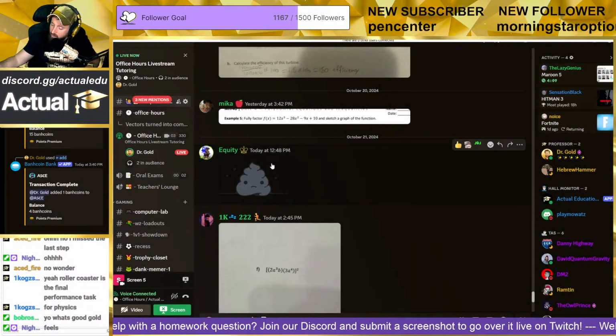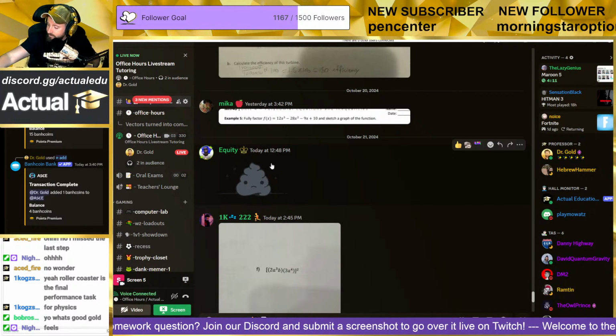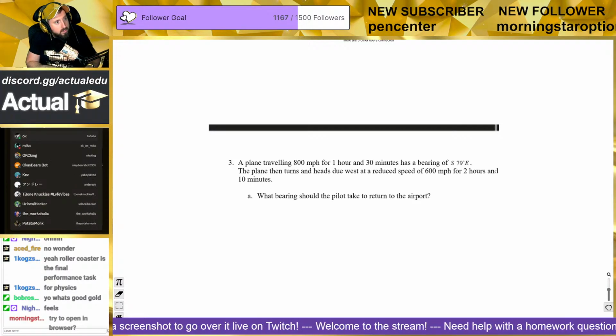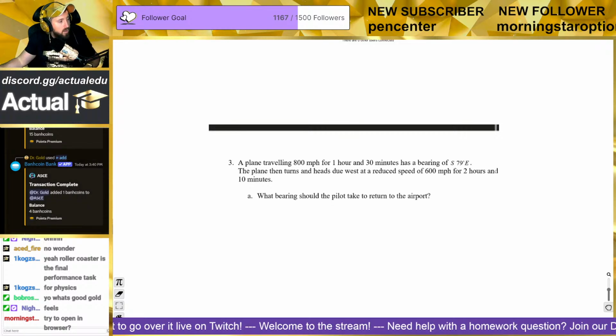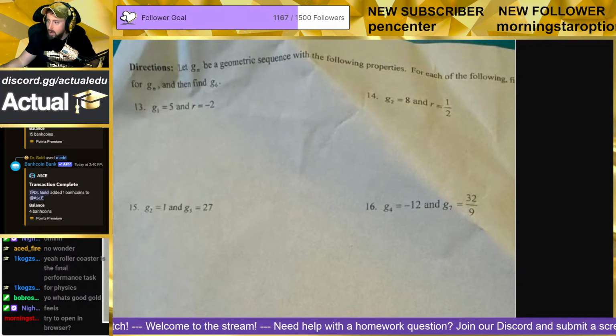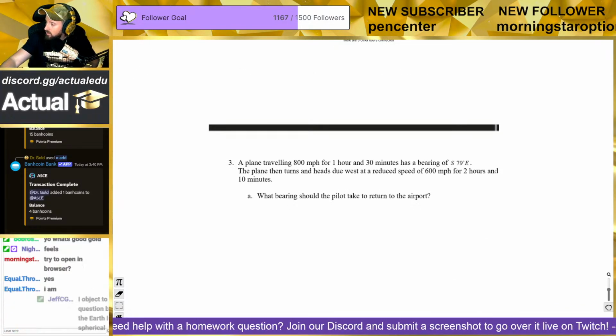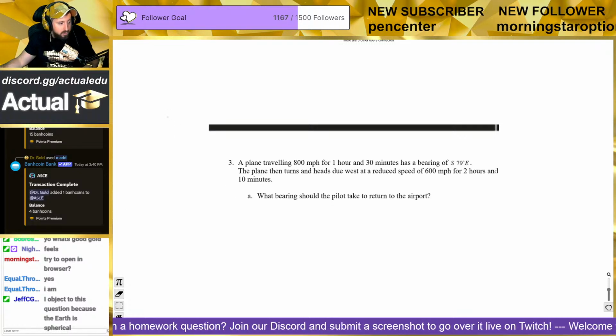Something's weird with my Discord, I think, or the image is weird. All right, let's see. Is okay in the chat with us? I could try to open it in the browser. That's a good idea. Oh yeah, okay, that does open. Oh, so Discord's just having issues rendering it. Oh, that's whack. All right, okay, here. Let me do yours and then I'll do Equity's.